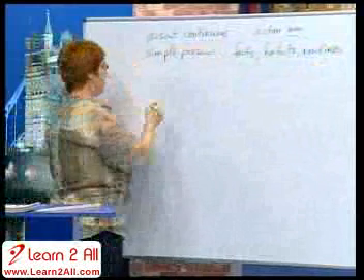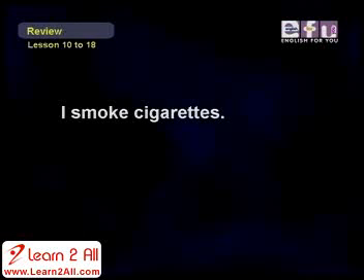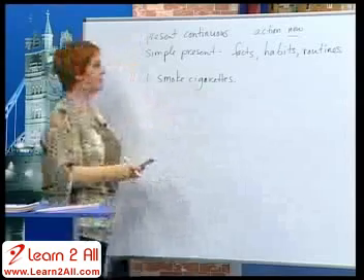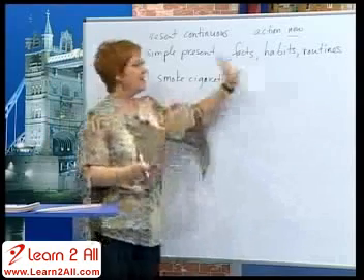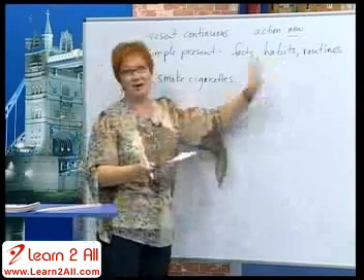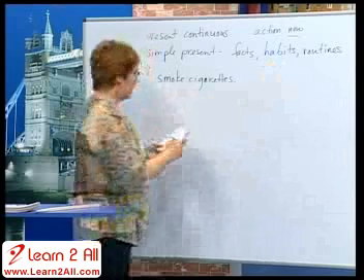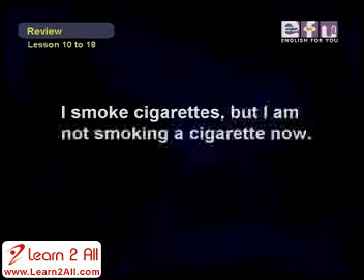Now, here's an example. I smoke cigarettes. This is a fact, it's my habit, and it's my routine, unfortunately. Okay? That is my habit. Now, I smoke cigarettes, but I am not smoking a cigarette now.